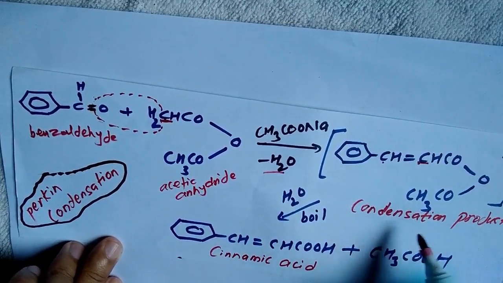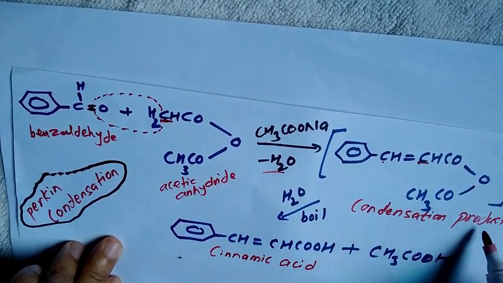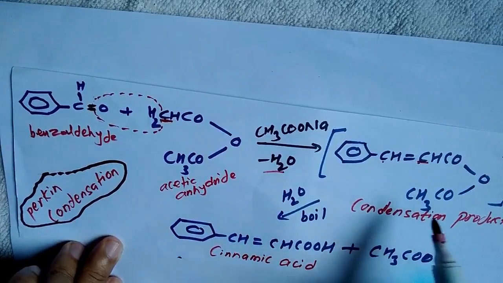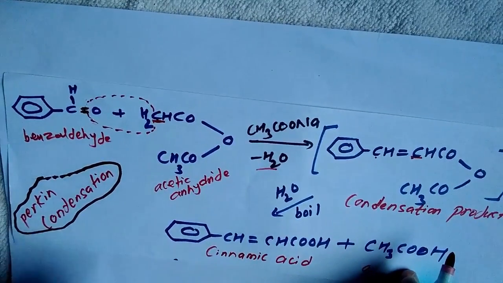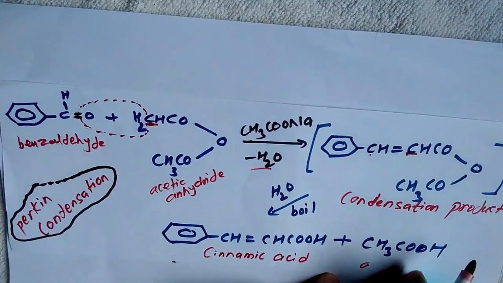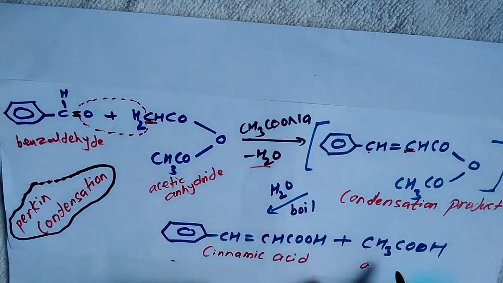When the condensation product undergoes hydrolysis, it gives cinnamic acid and acetic acid.